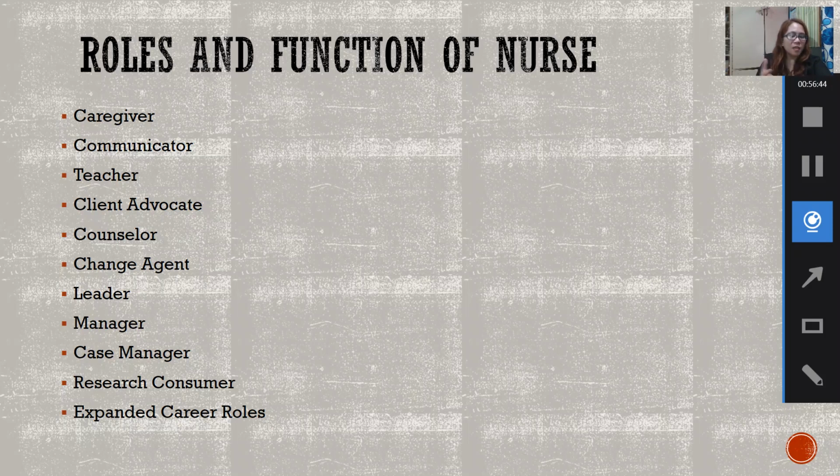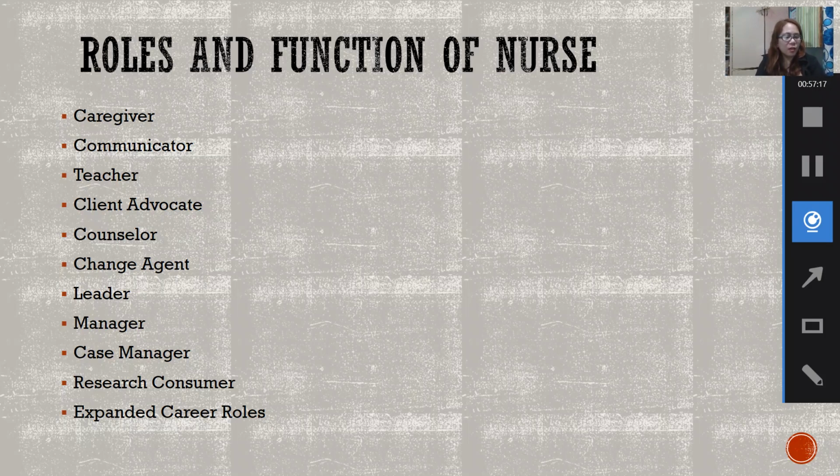So, as a case manager, ikaw yung may hawak ni patient, you have to work with other healthcare team. So, may physician, may specialist na cardiologist, meron pang other specialist naman doon sa urologist, yan, sa kidney, ganyan. You have to work with those other members of the healthcare team for the treatment of your client. So, you are the case manager.